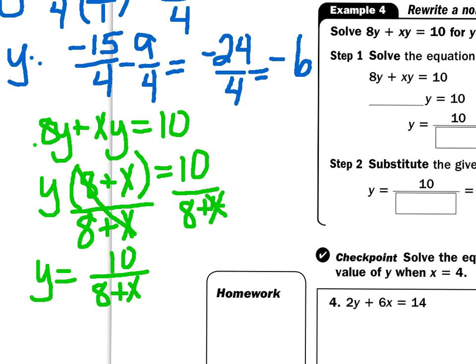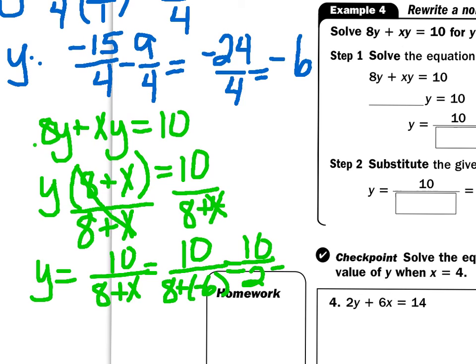Now, it asks me to find y when x is negative 6. So I'm going to substitute negative 6 in here. So 10 over 8 plus, parentheses, a negative 6. And that is 10 over 2, which ends up being 5.